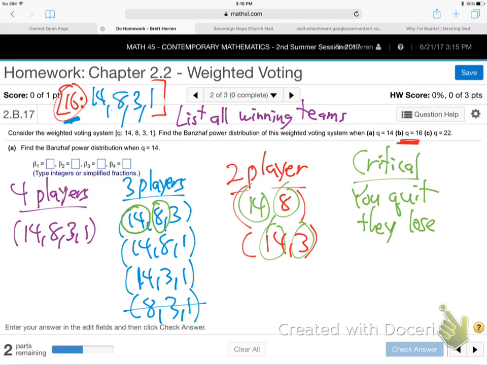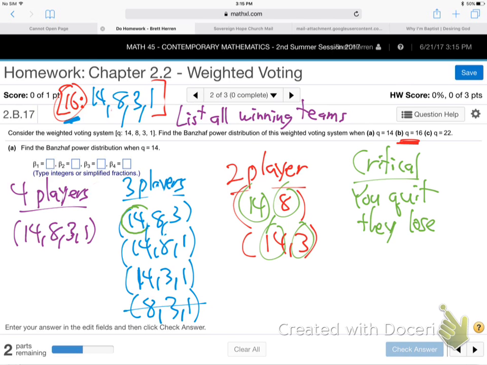They have 14 and 3 still. That's 17. They still win. He's not critical. You guys tracking with me? And if the 8's not critical, how could the 3 be? I'm not even going to bother to check the 3. If 8's not critical, how could anybody of less power be critical?